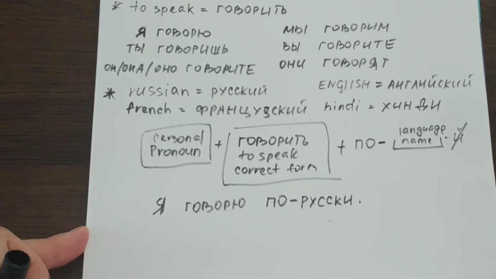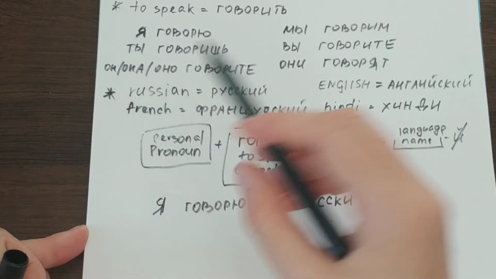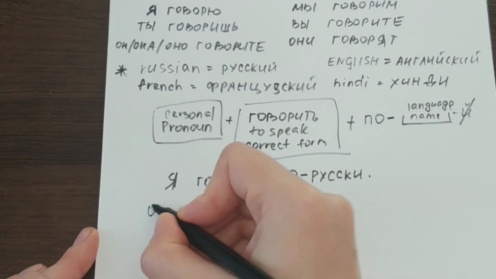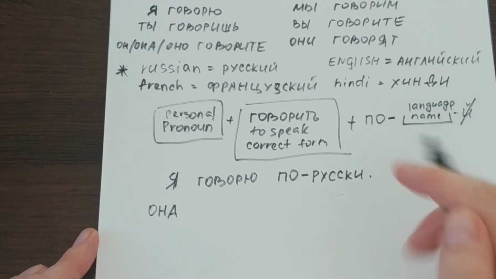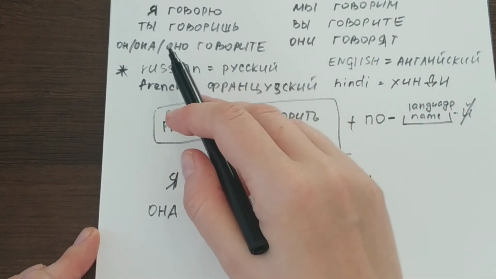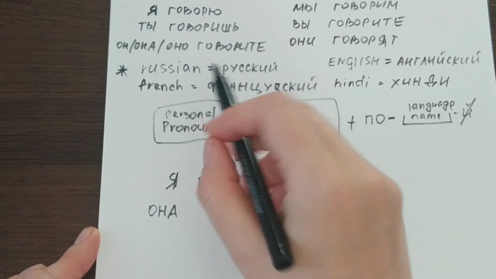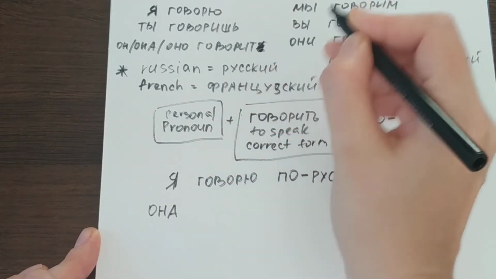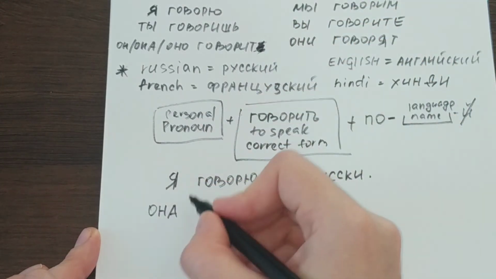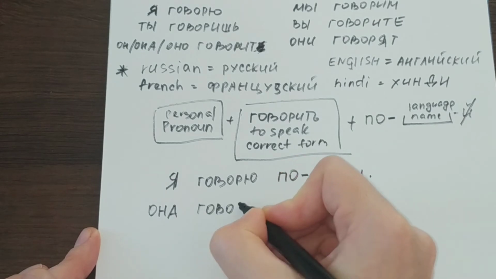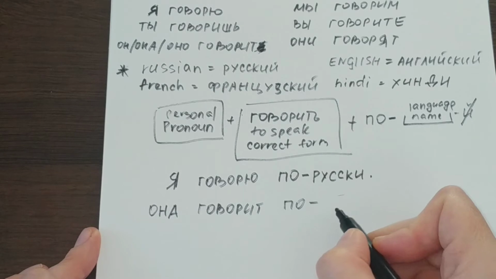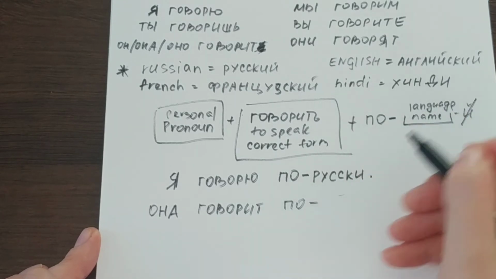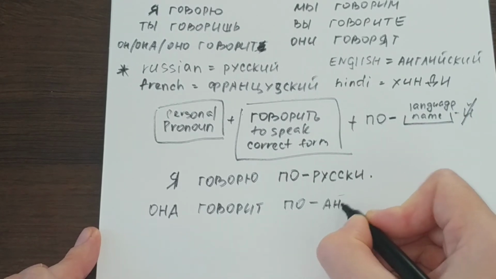Now let's take, for example, она. The verb to speak has to be corresponding to this pronoun, to this person, and it will be, oh sorry, она говорит, this is a mistake, она говорит по, again по, and let us say английский, по-английски.